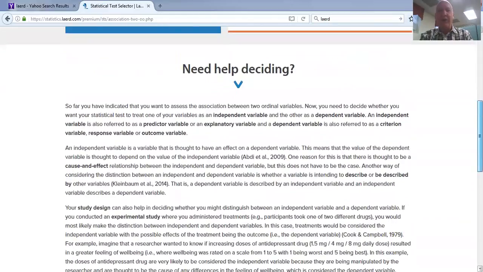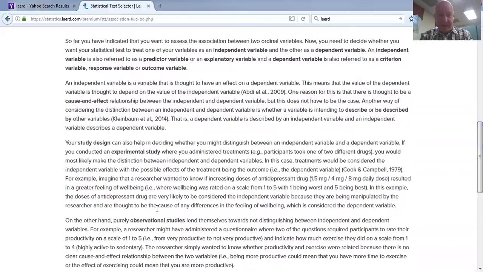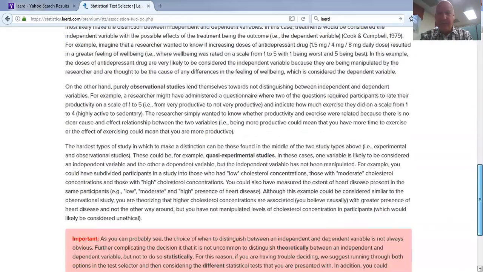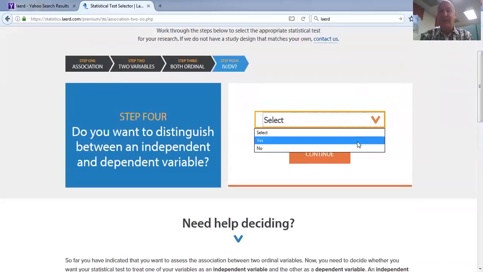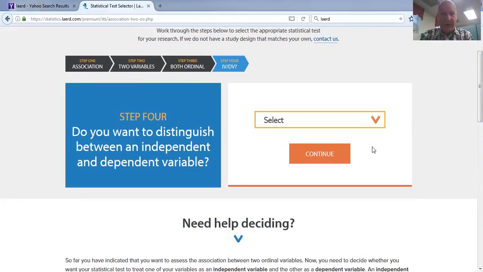So I'm going to go with observational, not distinguishing between independent and dependent variables. So that's what I chose here, and that's why. So if you want to distinguish, no, is what I said here.